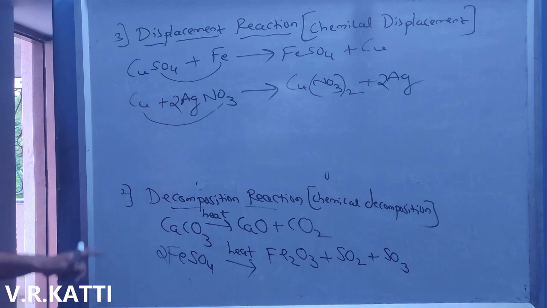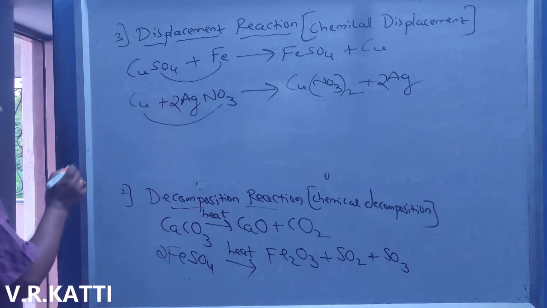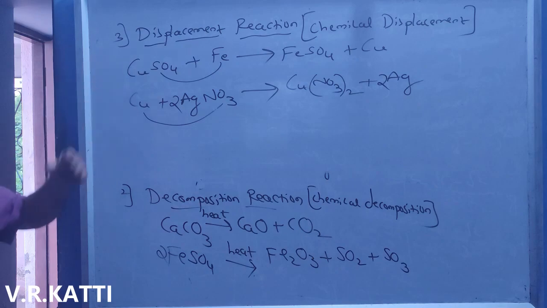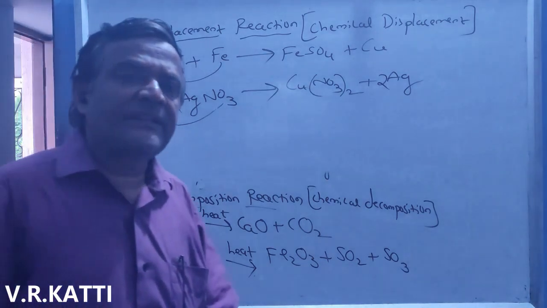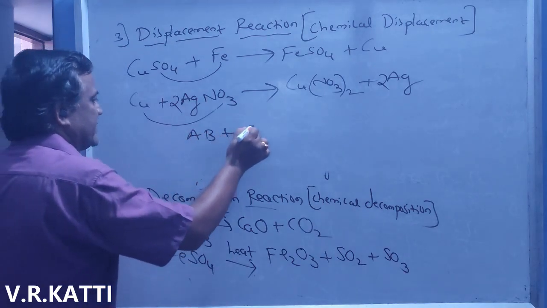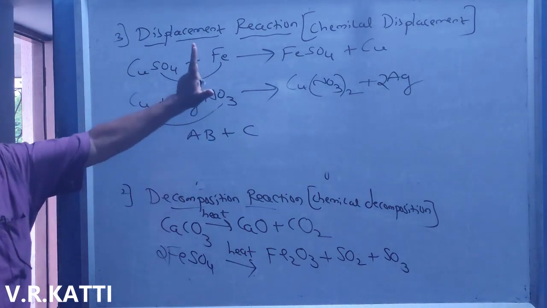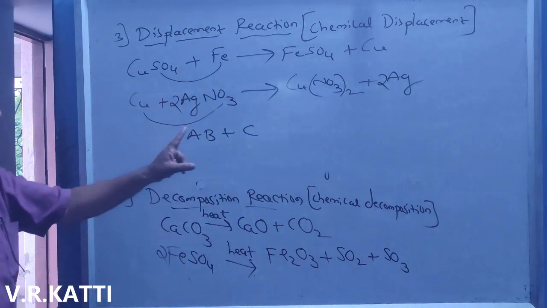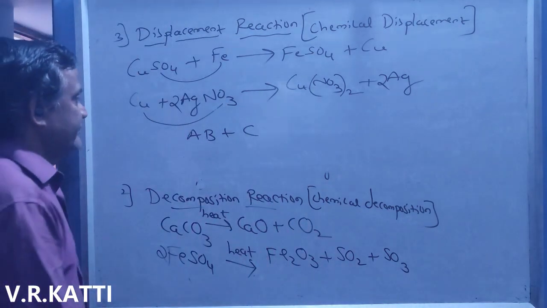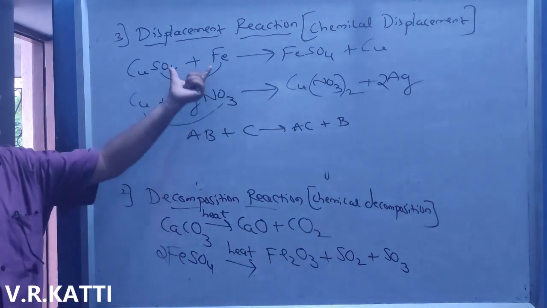Okay? Let us study double displacement. For example, the general form of displacement reaction: AB plus C. See here, AB plus C, general form. So B is displaced by C. In place of B, AC plus B. So it is the general form.